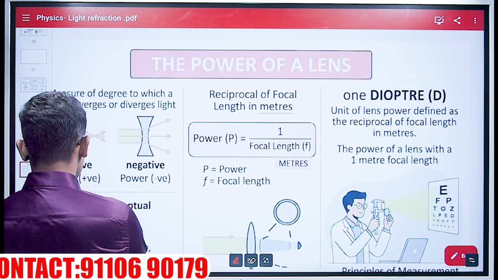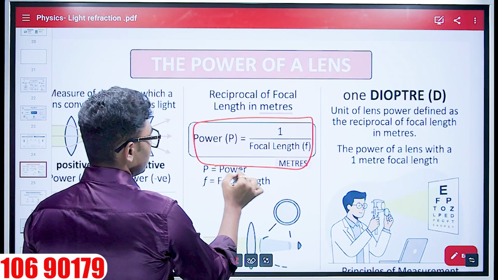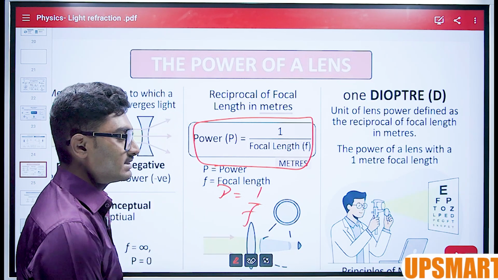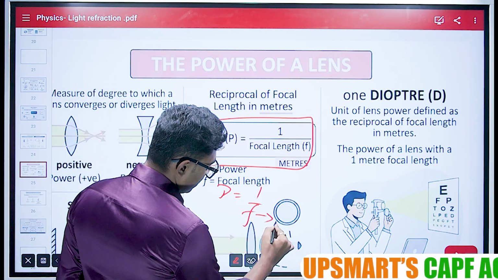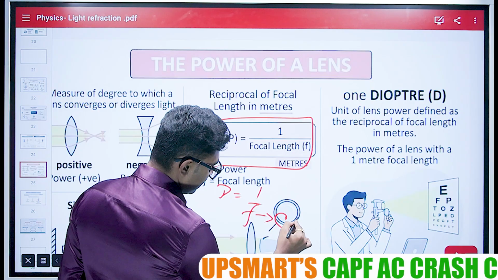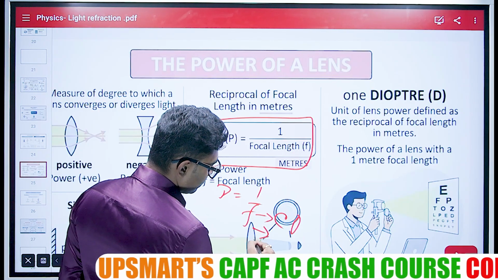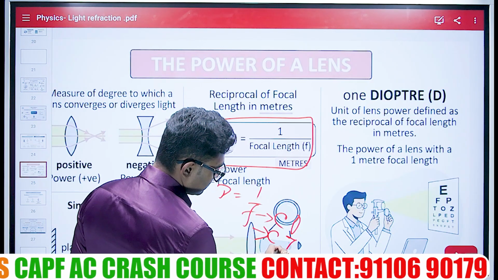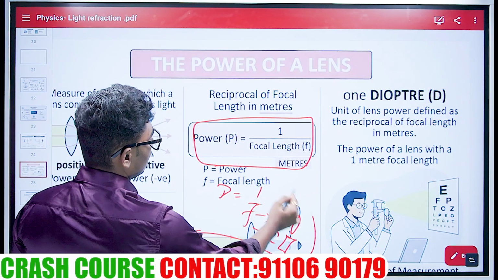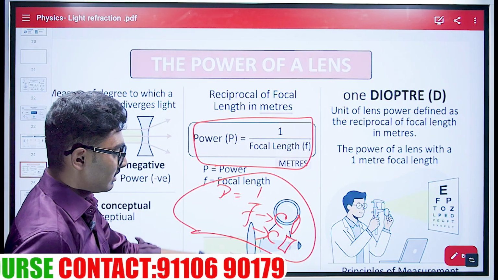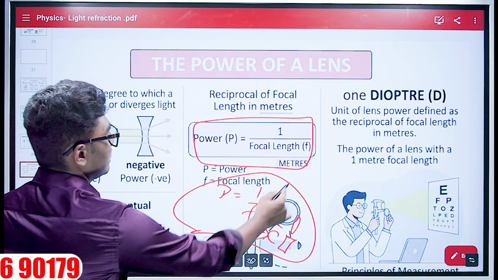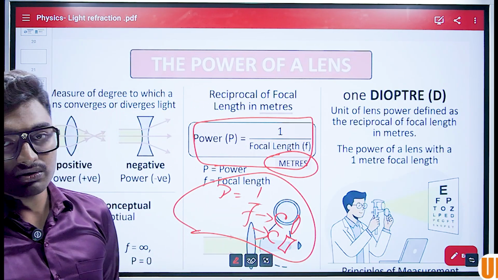There is a formula for it: power is equal to 1 by focal length of that lens. Focal length of a particular lens, not mirror, sorry, particular lens. This is measured in meters.